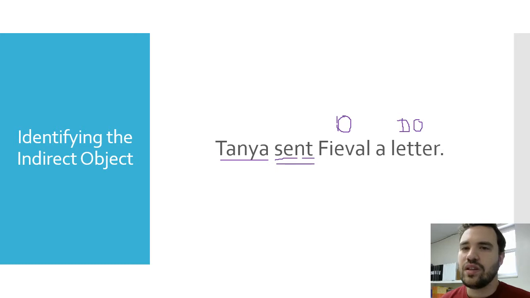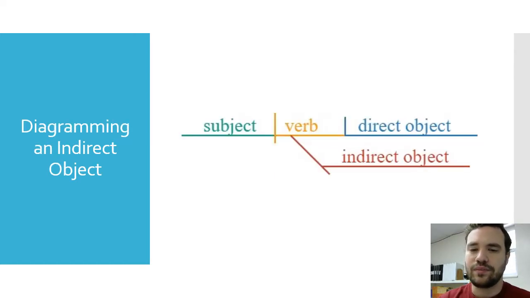Okay, so let's look at how to actually diagram the indirect object and add it to the diagrams that we've already been using. Here we've got the sentence diagram that we would have with a direct object: subject, verb, direct object, all on a horizontal line divided by the appropriate vertical lines.